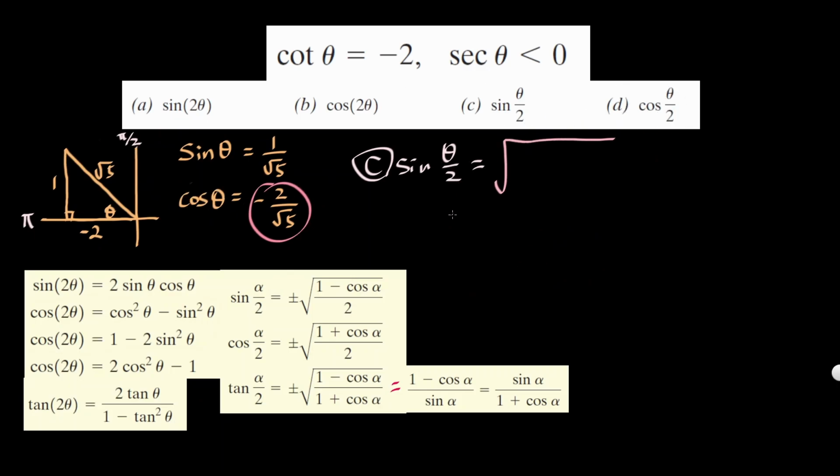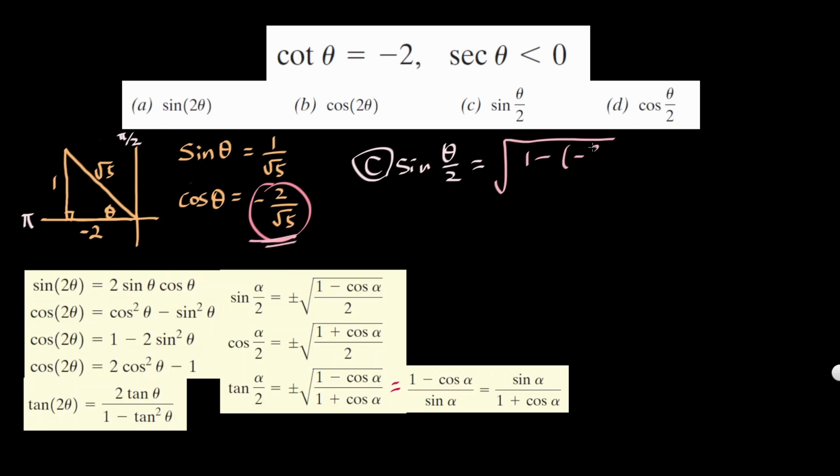So sine theta over 2 is now the positive square root of 1 minus cosine theta. For cosine theta, you have to look at the triangle in the second quadrant. We figured it out, remember? You see how convenient this is?